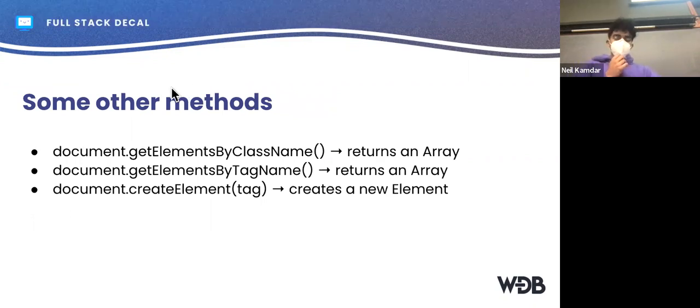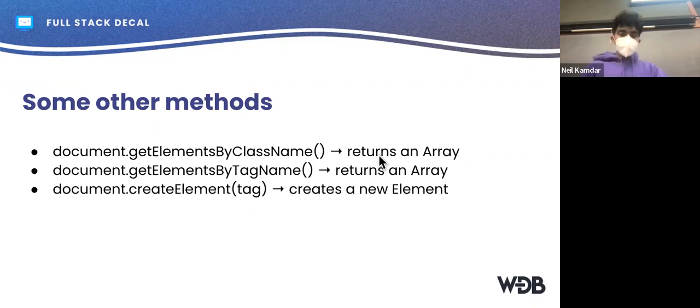So here are some other methods that we can use. There's also document.getElementsByClassName. This one is like getElementById, except it takes in a class name, and additionally it returns an array.